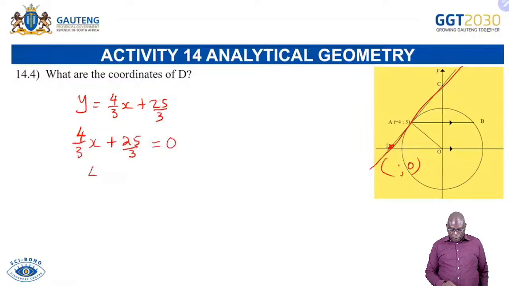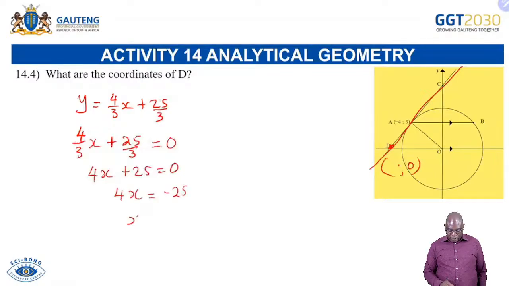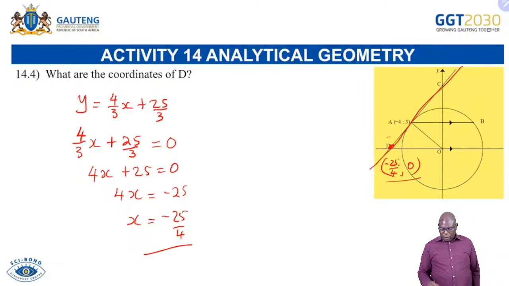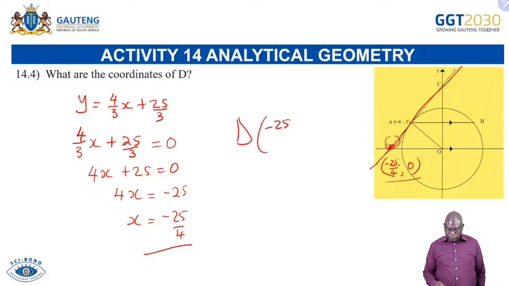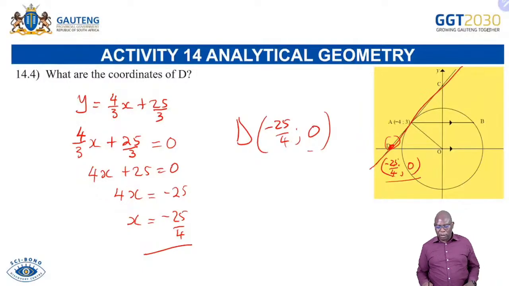Multiply throughout by 3, I'll get 4x plus 25 equals 0. Then I'll get 4x equals negative 25. X will be equal to negative 25 over 4. Leave the answer in fraction form. So this answer there will be minus 25 over 4. That is my x-intercept at point D. So I'll write D is negative 25 over 4 and 0, because the y value at that point is 0.